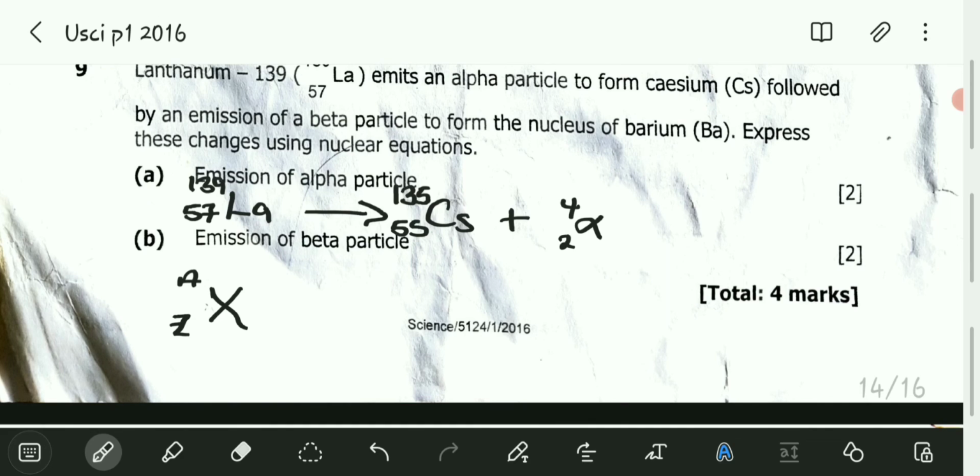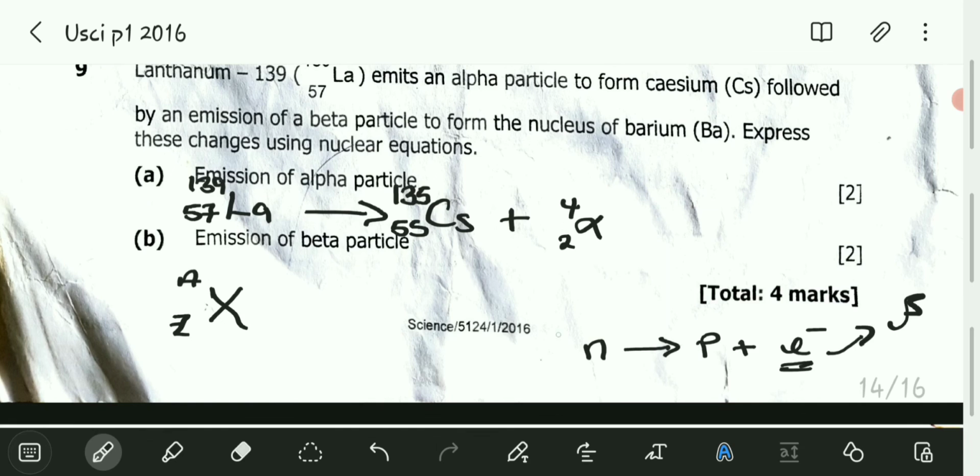What basically happens is that a neutron is converted to a proton. A neutron is neutral and a proton is positively charged, so when this happens, an electron is produced to balance the charges. This electron is what we refer to as the beta particle.